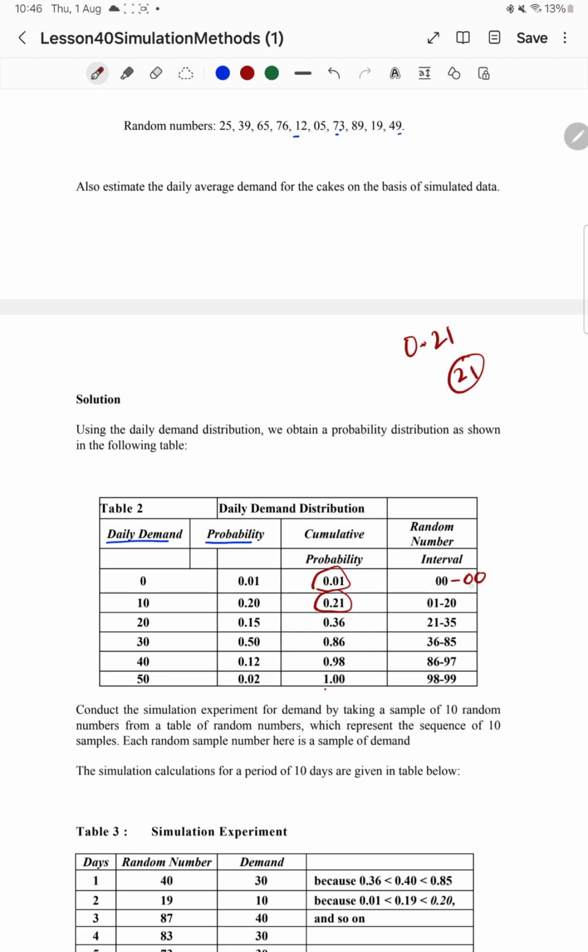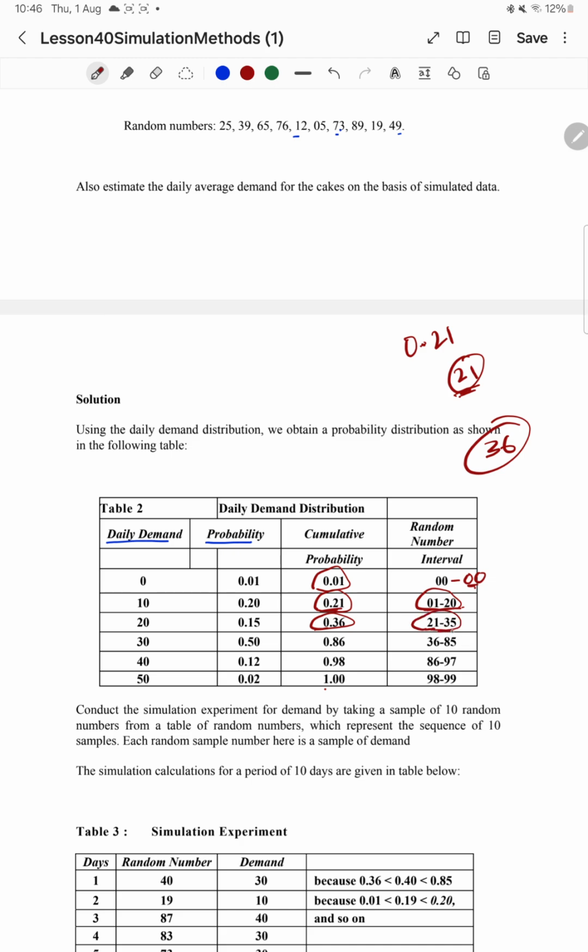The previous ending value is 00, so the next value starts with 01, but ends before this 21, and before 21 is 20. Similarly, the interval ended at 20, so the next will start at 21, but end at the cumulative 36, and 36's previous is 35.